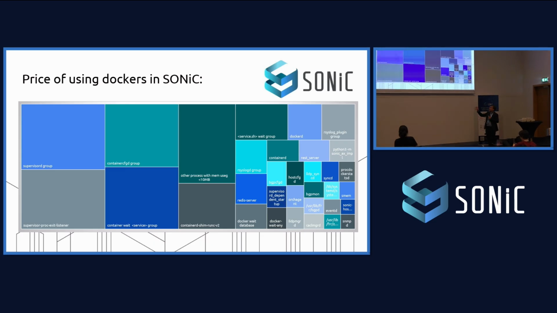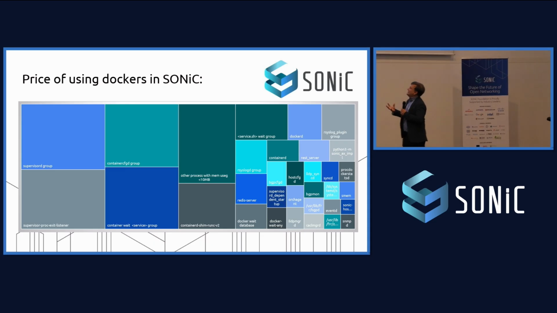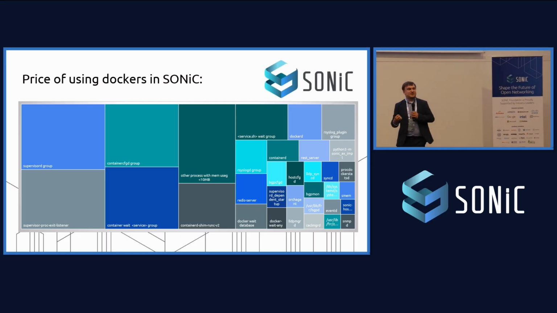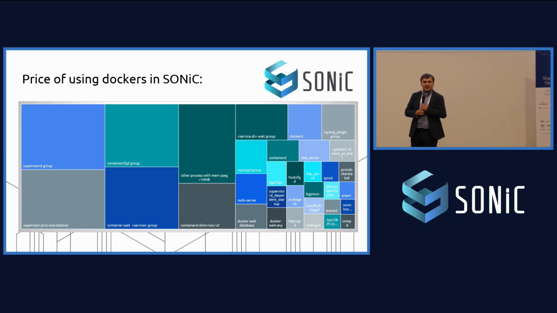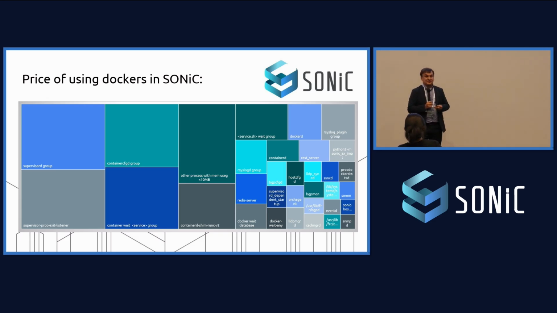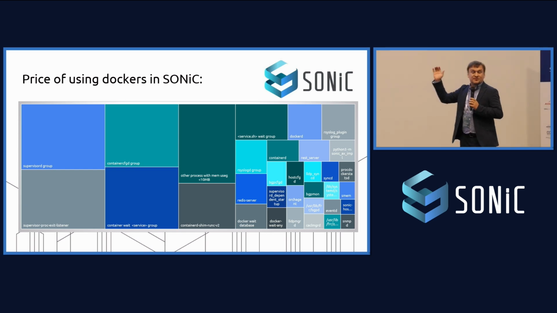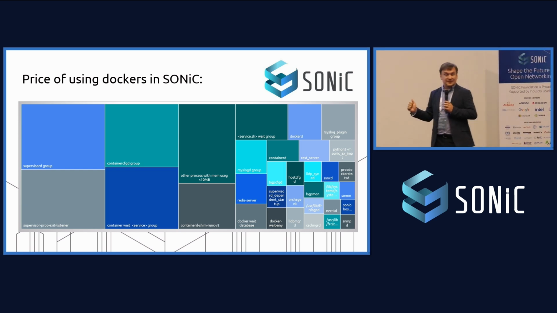On the left side, the big rectangles are the SONiC infrastructure, these famous Python scripts that the previous speaker was talking about, that we need to check. We need to make sure they are still running and not changed. And we also see they are quite heavy. From the memory perspective, it's at least half of it.